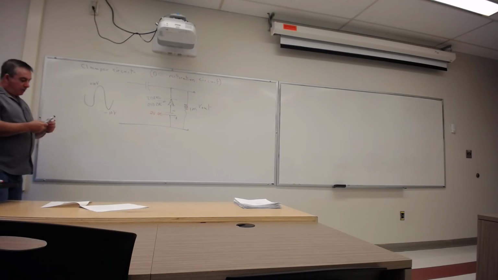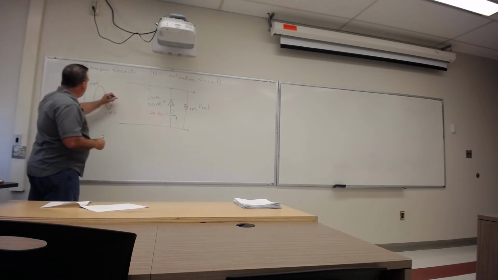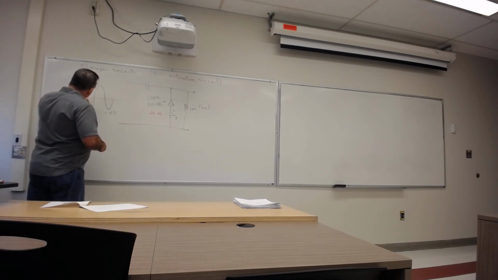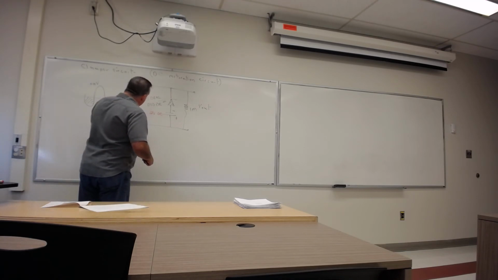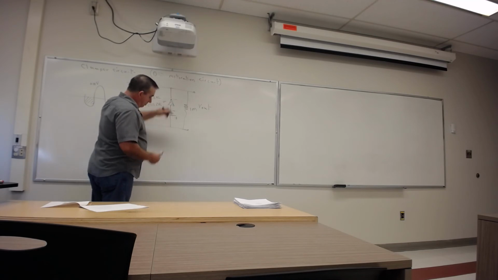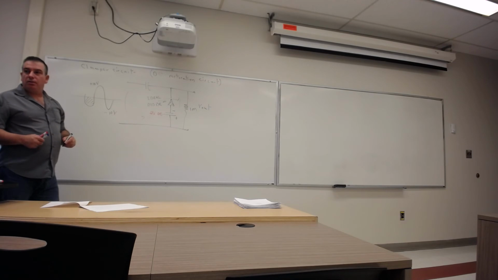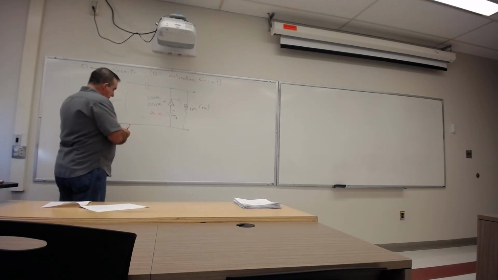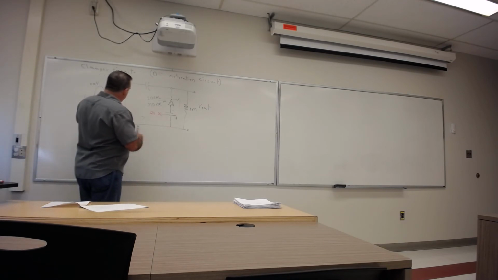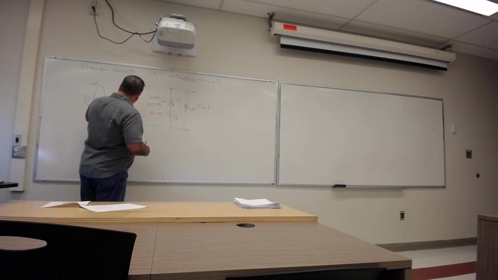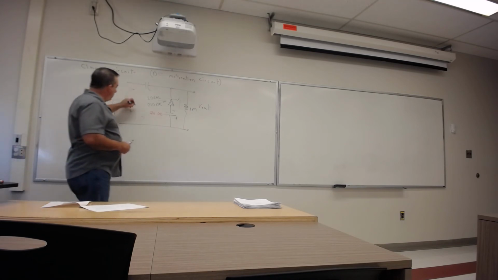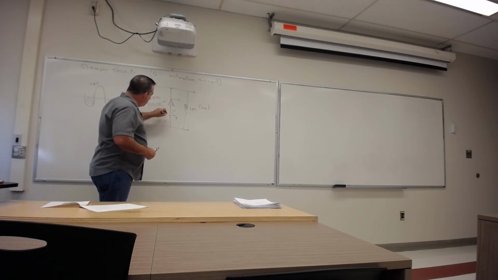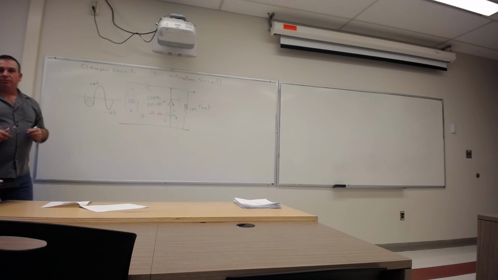So I'll start off on the negative cycle again. Current will start flowing this way, and it can flow because in this case the diode would be forward biased. So if I have at the input 10 volts this way, plus minus, this is pushing that way, but the DC power supply is pushing that way, what does my capacitor charge up to?